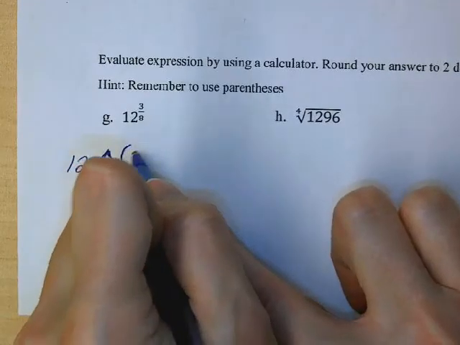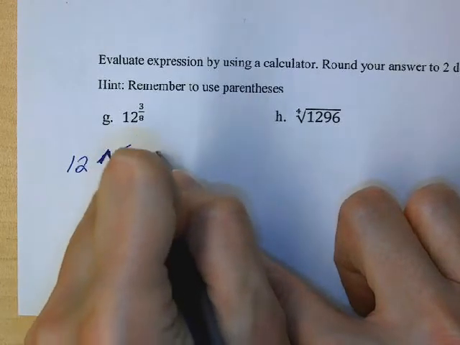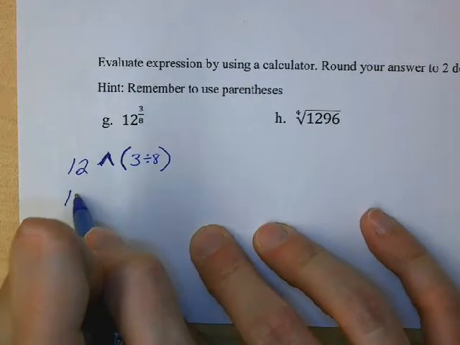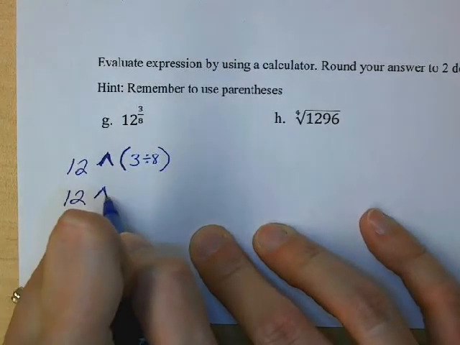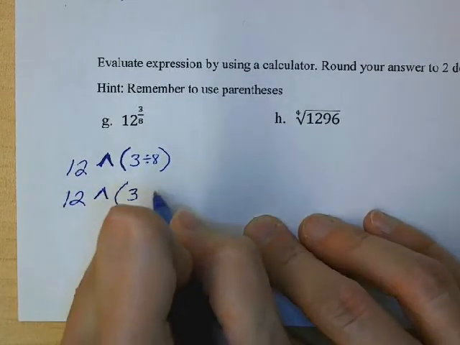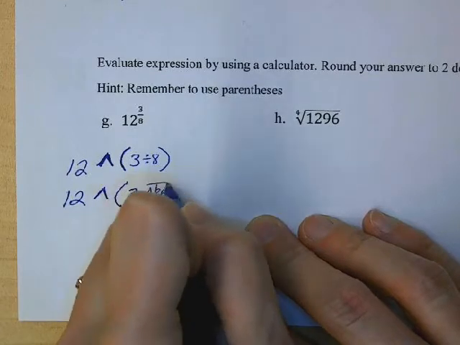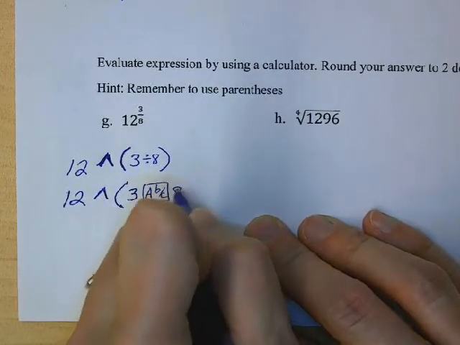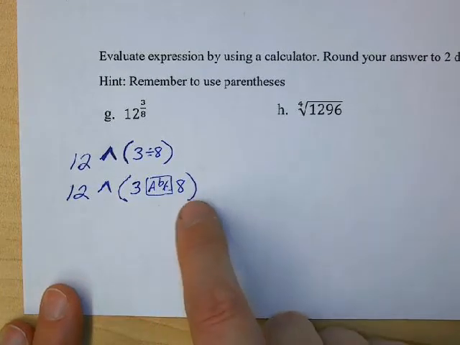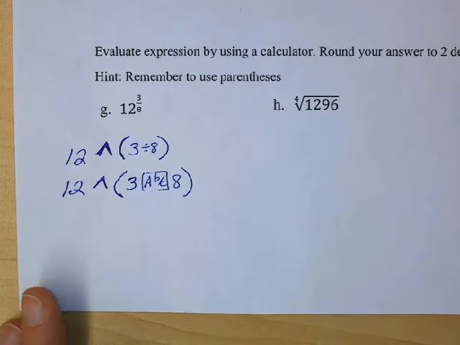Then type in 3 over 8, or 3 divided by 8, or use the ABC key for fractions. I'll put a box around it. You can type it either way, the 3, then the ABC key 8 for 3/8, or 3 divided by 8. It should work either way.